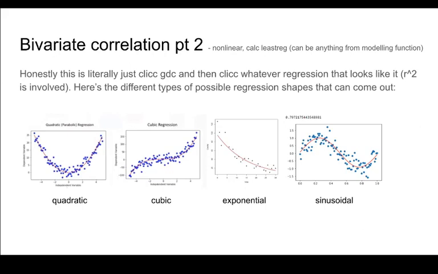Next we have bivariate correlation. For HL, we're going to have nonlinear regression. For nonlinear regression, there's not much you can do calculation-wise. However, you're expected to know where to find it.